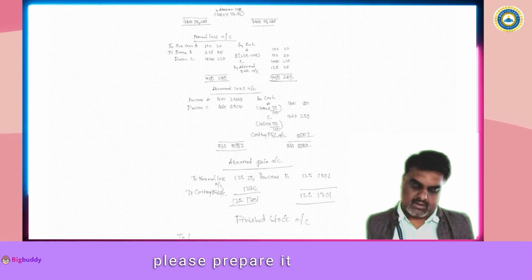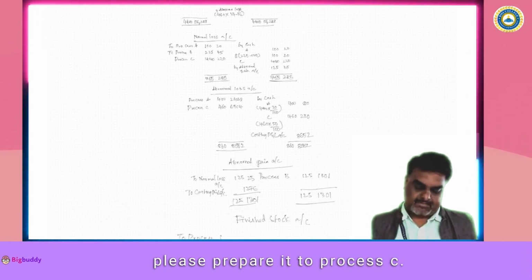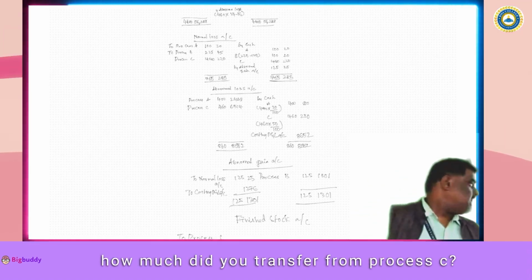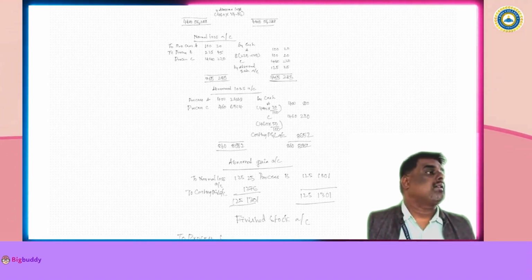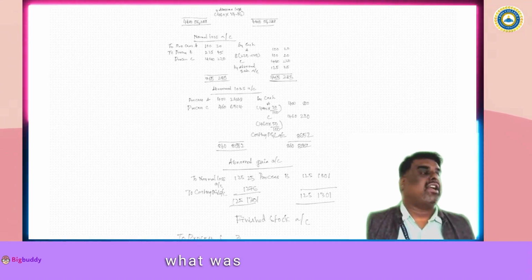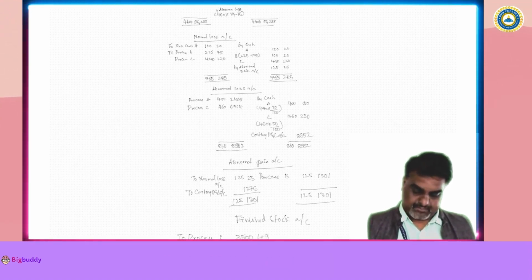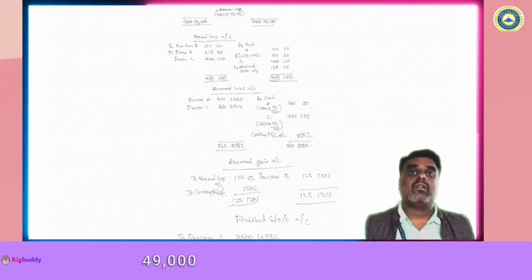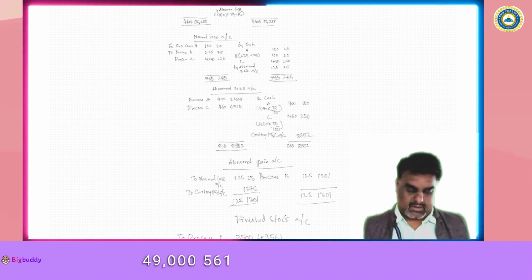Please prepare it. To process C. How much did you transfer from process C? What was your final output? 3,500 units at what price? 49,561.